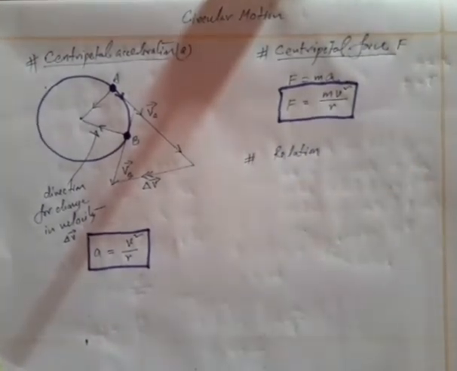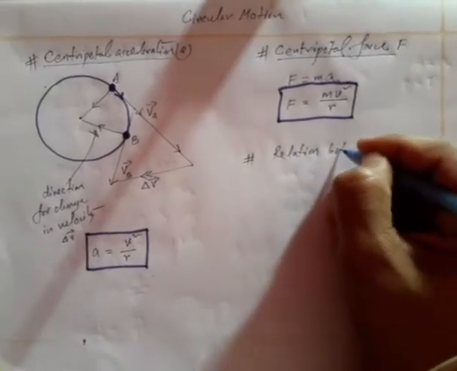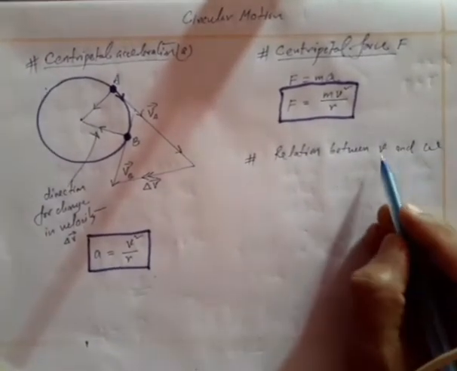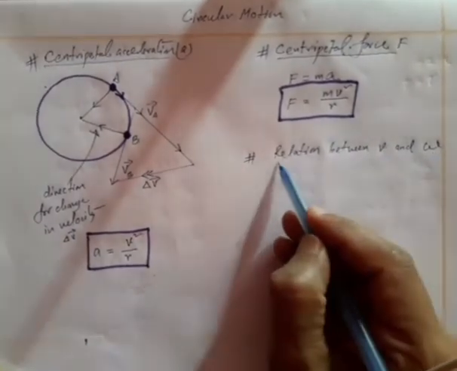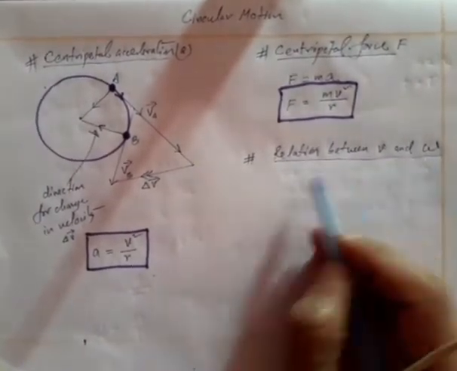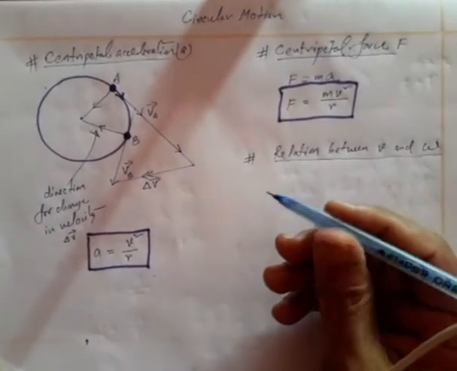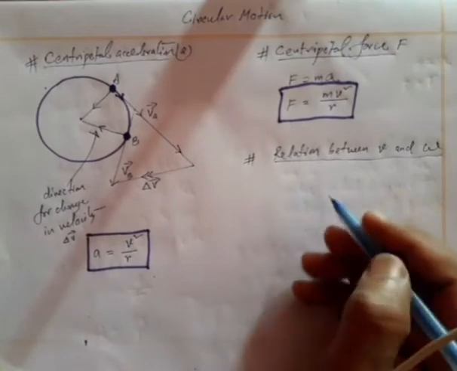Now we are writing the relation between linear velocity and angular velocity. V means linear velocity, omega means angular velocity. We should have discussed this before, but no harm, we can discuss it here also.